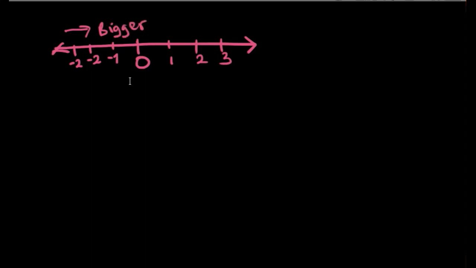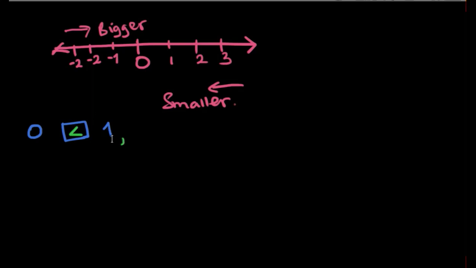And as you go to the left, numbers become smaller. So if we compare these numbers, for example, if we have 0 and then 1, we understand that 0 is less than 1.